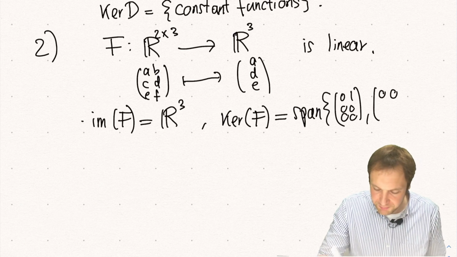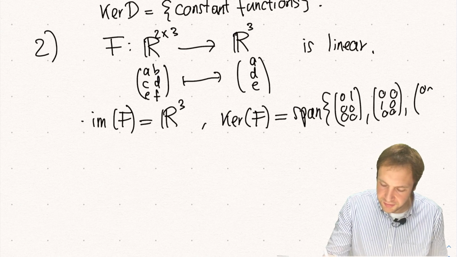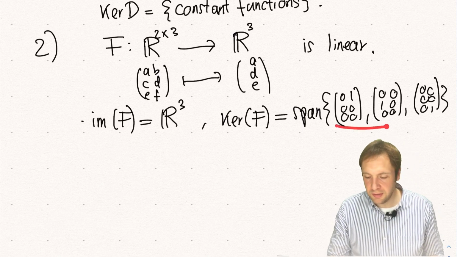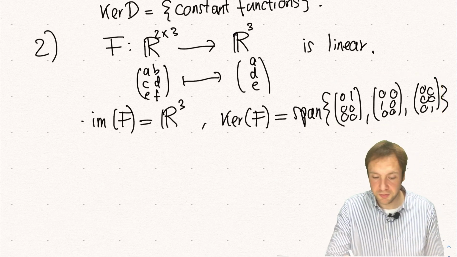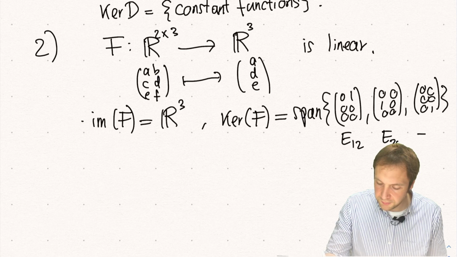So B can be arbitrary, C can be arbitrary, and F can be arbitrary. And therefore every linear combination of these three matrices, which we last time denoted by E12, E21, and E32.